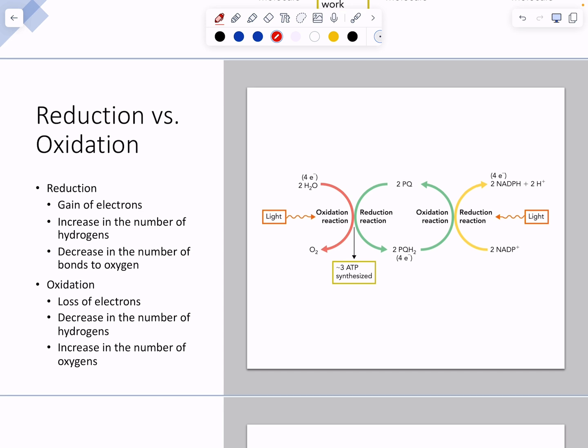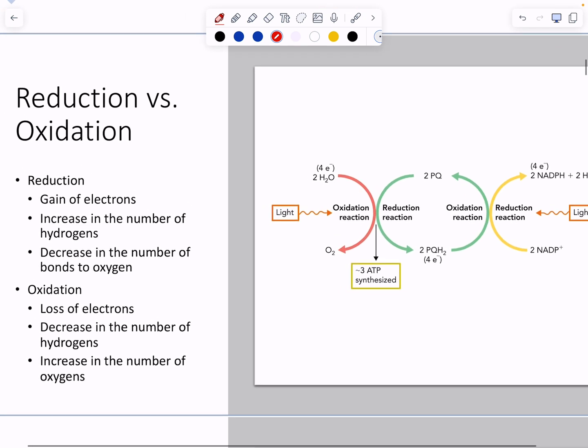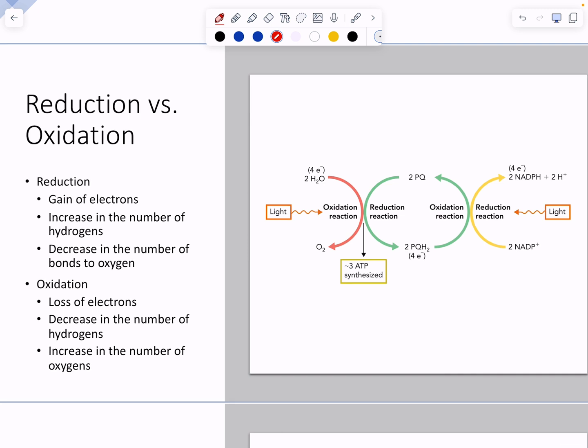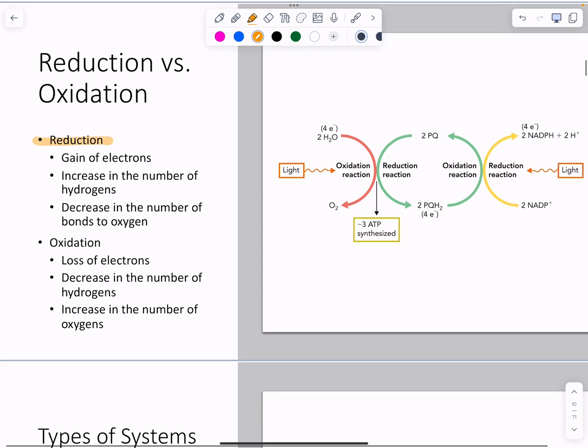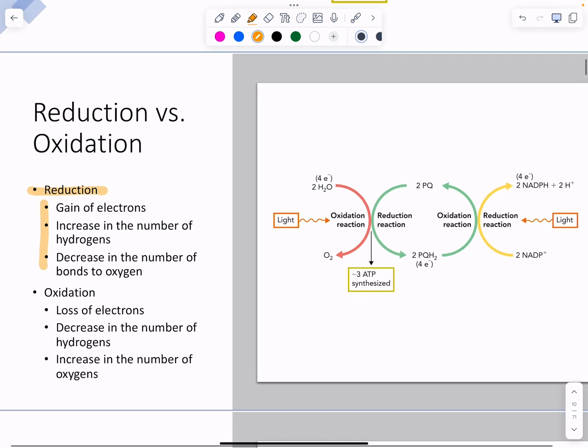All right, so I told you we like to use a simplified definition of oxidation and reduction, because we see repetitive patterns and can recognize when oxidation or reduction is happening. If we have reduction, we see a gain of electrons, so maybe a net charge decreases, or we see more hydrogens, or we see a decrease in the number of bonds to oxygen.